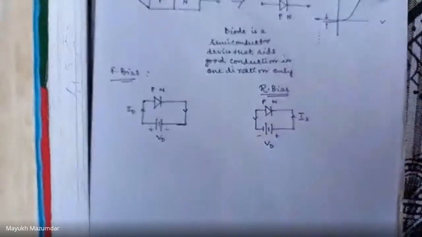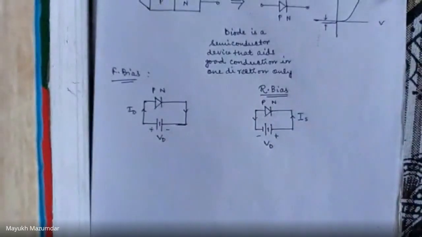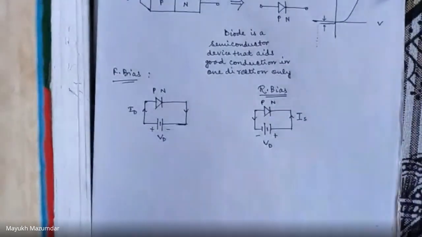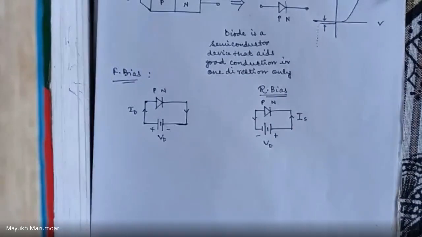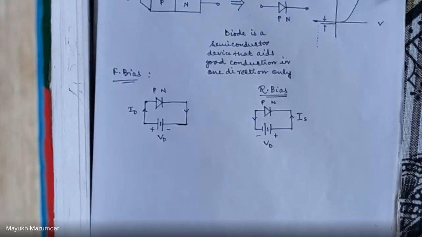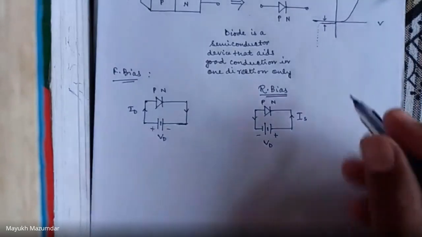Can someone tell me why I wrote S for this current? What is the name of this current in reverse bias? Saturation current. Yes, what kind of saturation? There's a name, not only saturation. It is the reverse saturation current, isn't it?